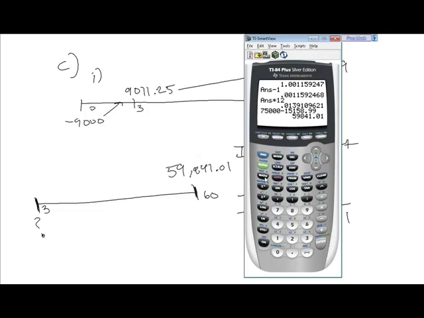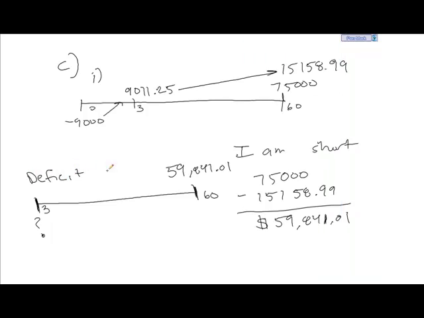I don't know what I need to put in here in order to offset that deficiency, so I'm going to come over to my TVM Solver and I'm going to type this in. Well, that's 57 months at 11%. I'm going to figure out what my present value is in order to make that deficit of $59,841.01. So I'm going to calculate my present value, and I'm going to call this the deficit analysis.